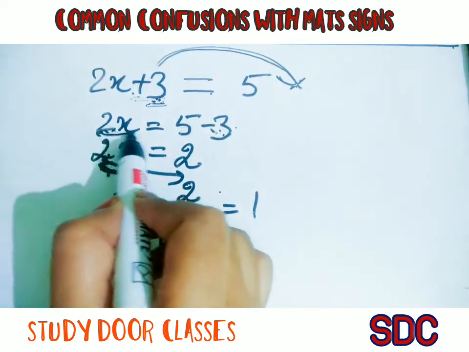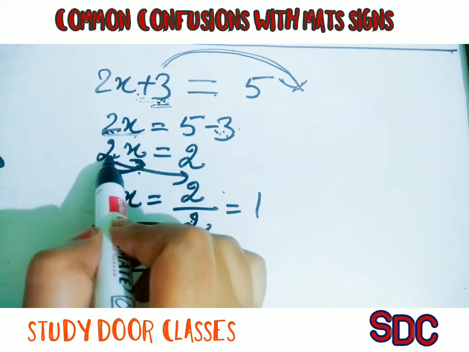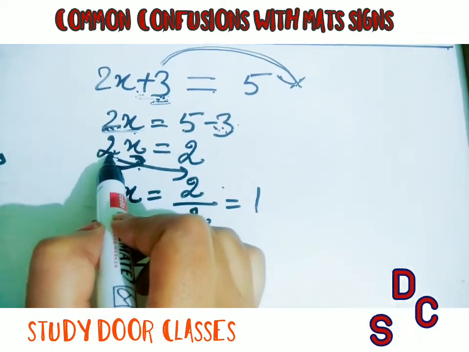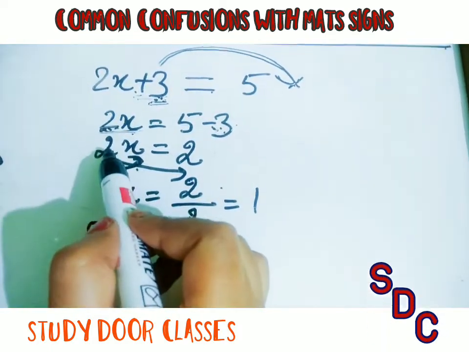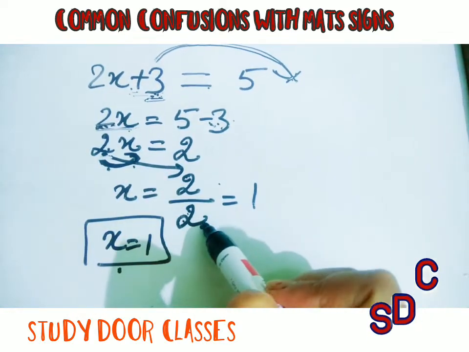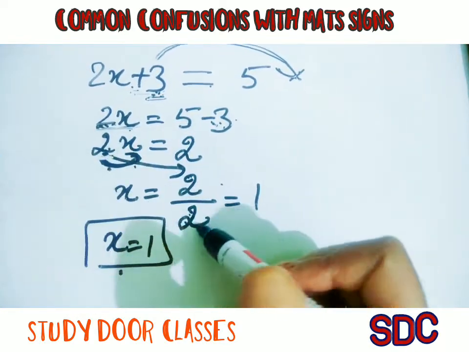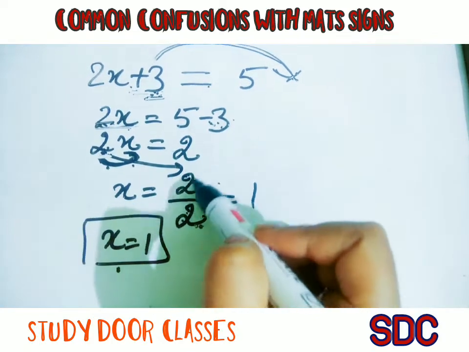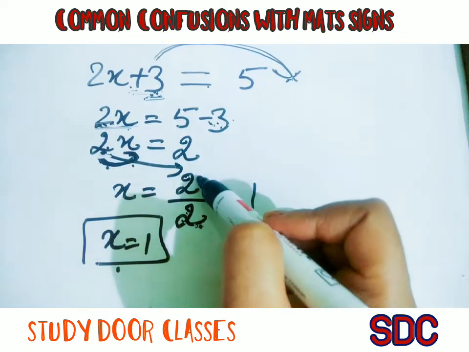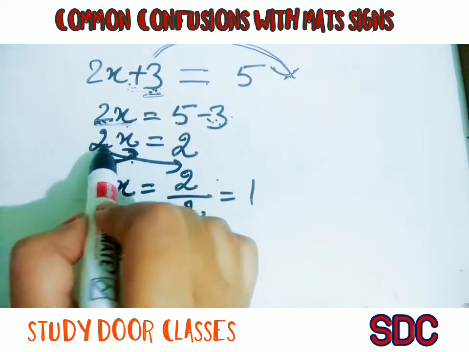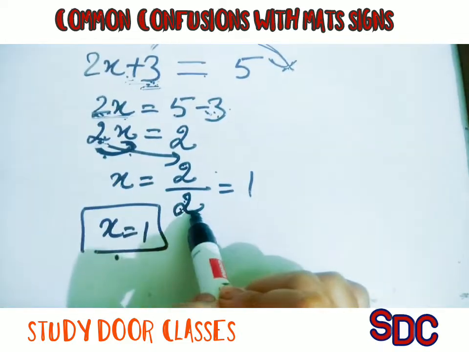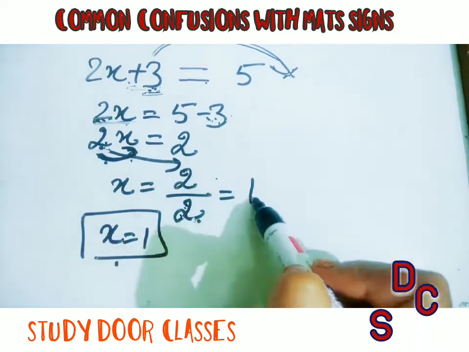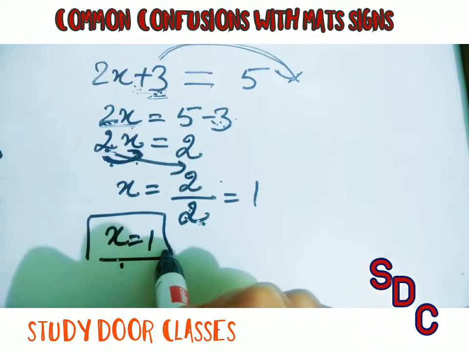But here there were two things, 2 and x. The 2 changes its position: first it was upward in the numerator, then it goes downward into the denominator. So 2 by 2 is equal to 1, and the value of x will be 1.